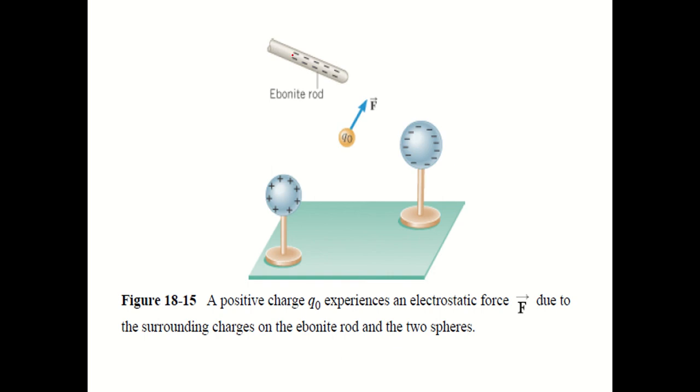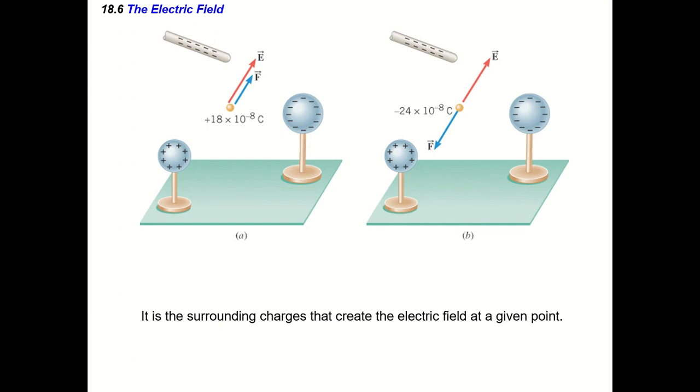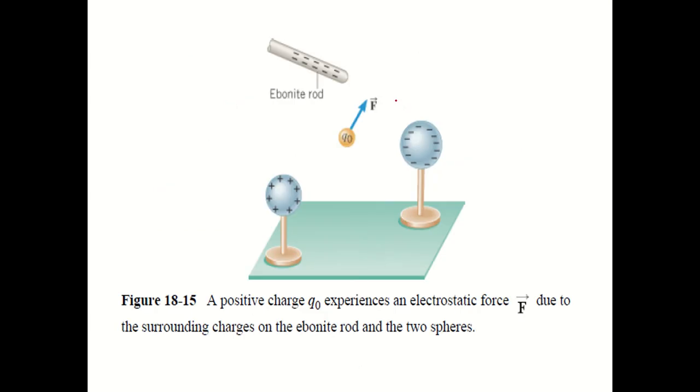Because of the charges on the ebonite rod and also the two spheres, this charge will be affected. So it is the surrounding charges that create the electric field. The electric field that will be developed will be due to these charges around.